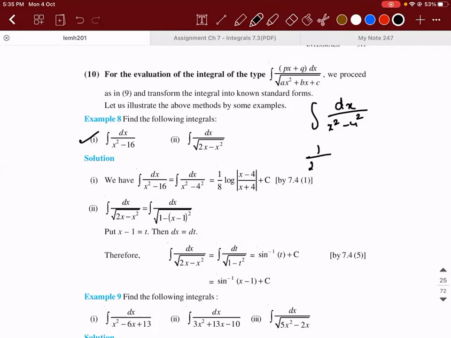It will be 1 by 2a into log of x minus 4 by x plus 4 plus c. Okay. Did you understand how I got this? Because integral of 1 by x square minus a square is 1 by 2a into log of x minus a by x plus a plus c.